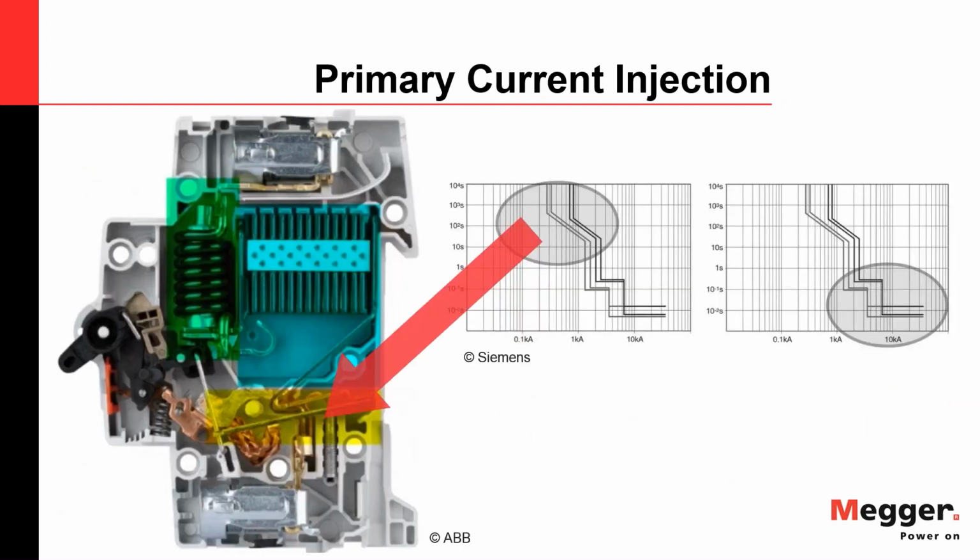Now again, I pulled this image from the molded case circuit breaker that was cut in half, and you can see what section of the curve is taken care of physically in the circuit breaker.